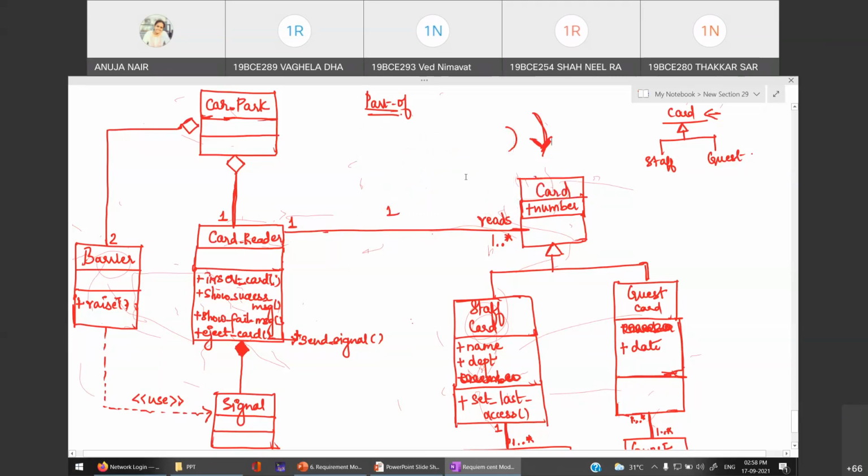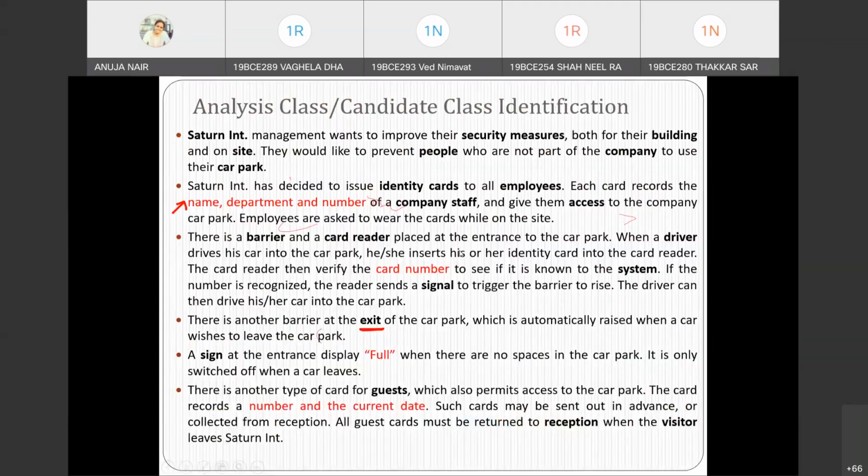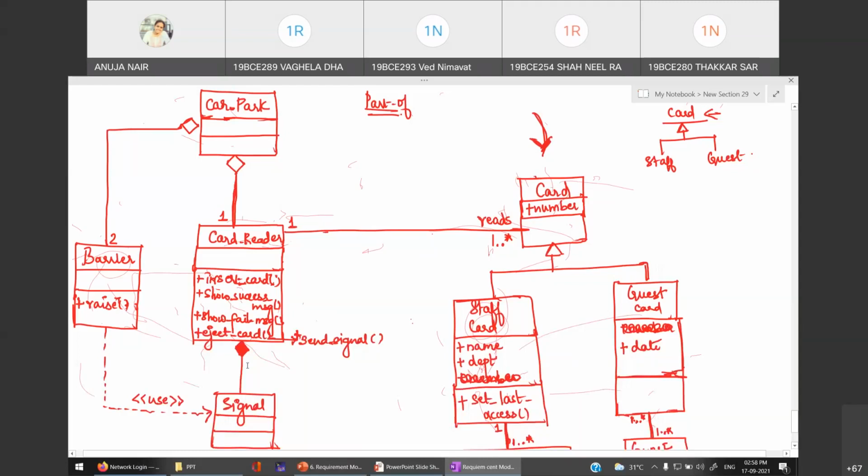So your questions would be like this. Some scenario would be given to you. You need to find out the classes, you need to find out the attributes, you need to find out the methods, you need to create a relationship between all of them. So this is how you do that. Find out the analysis class.